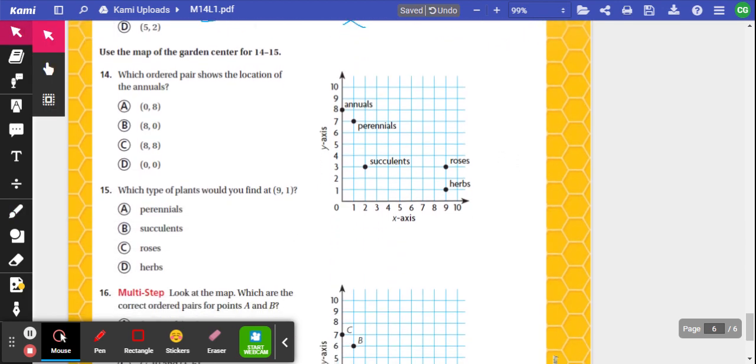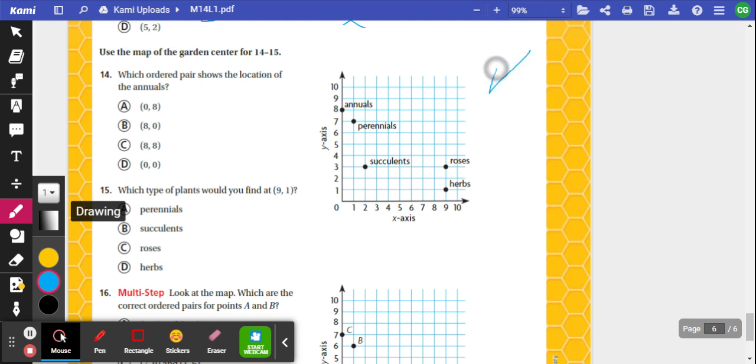We're going to use this map of the garden center to answer 14, 15, and 16. So this is the map that we're using. Which ordered pair shows the location of the annuals? All right, so here are the annuals right here. It's on the y-axis, so I have 0 as x, right?